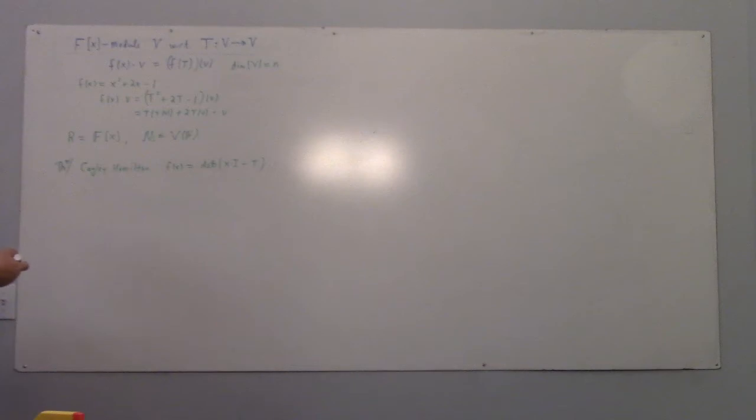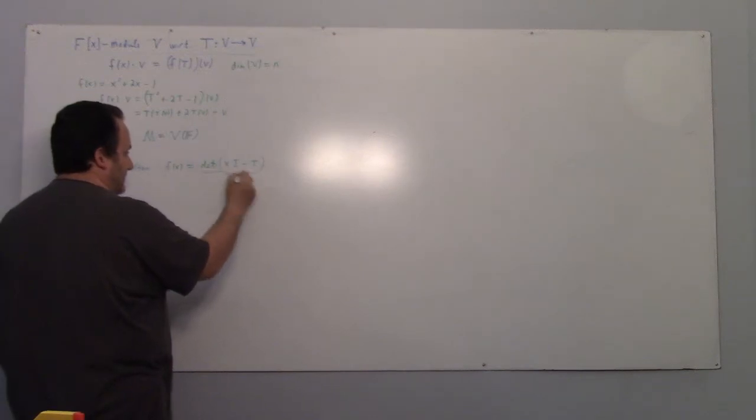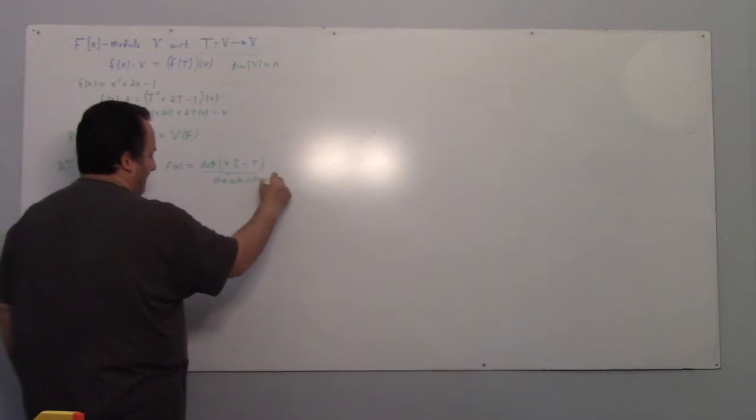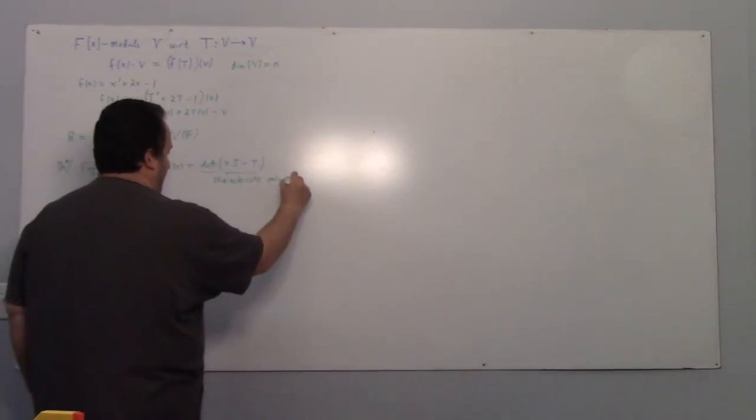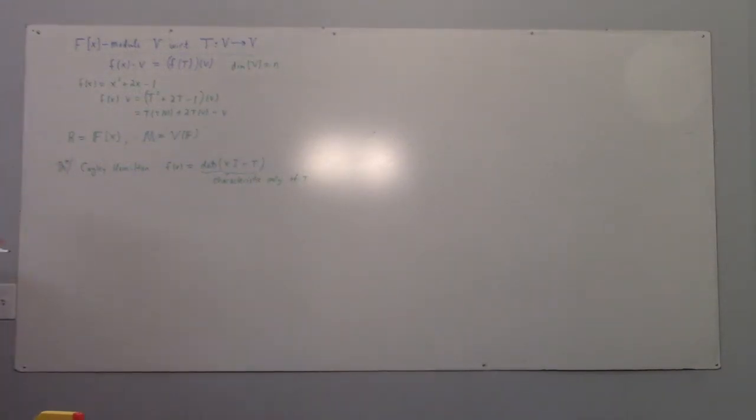Then this is the so-called characteristic polynomial of T. It's the determinant of an operator on an n-dimensional vector space, which means that it's the determinant of the matrix of the operator with respect to any choice of basis you like, which is an n by n matrix.